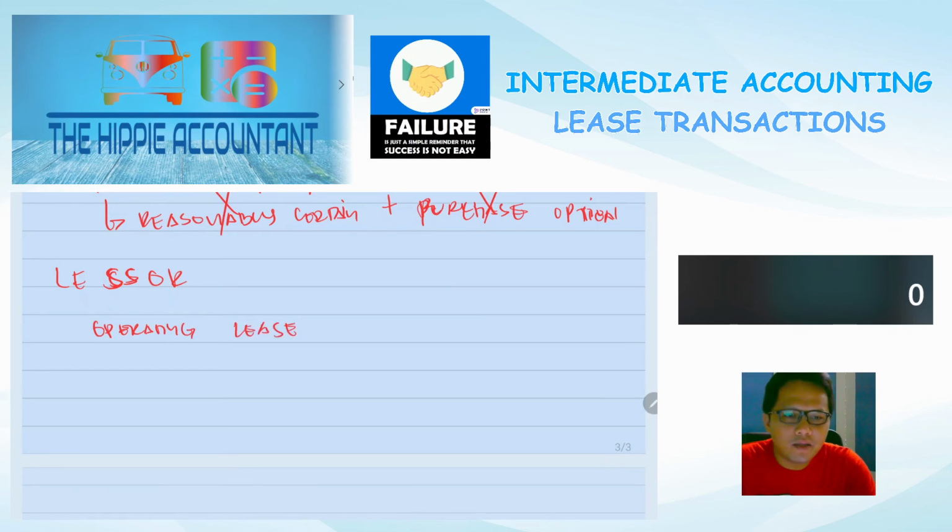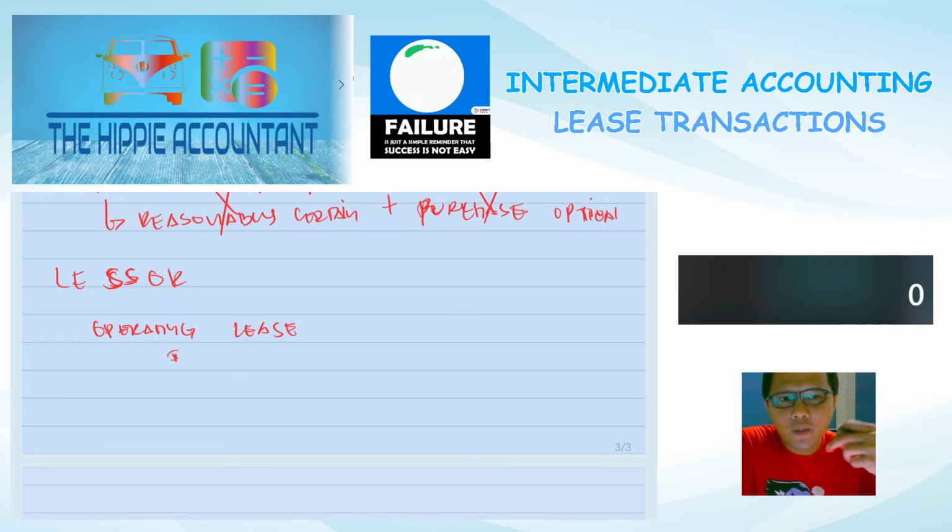If operating lease, no complex accounting problem tayo on initial recognition. Why? Because we only recognize, per accounting sa operating lease, if makaka-receive na tayo ng rental payments.